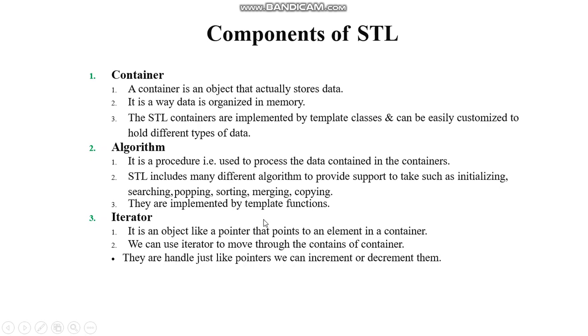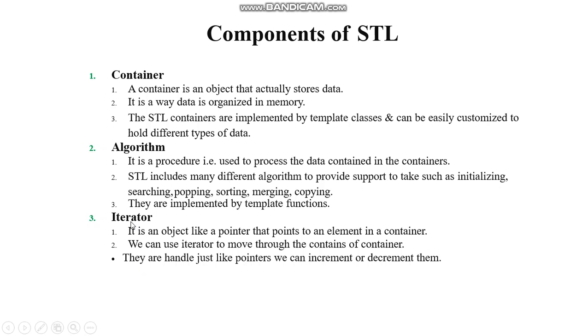They are implemented by template functions. Because of this template function, if we write an algorithm for any type of data, it will work. So that is the main use of template functions. If a function is written for one type of data, it can also handle another type of data. So the function will be common, so it can process different types of data. That is the template function.